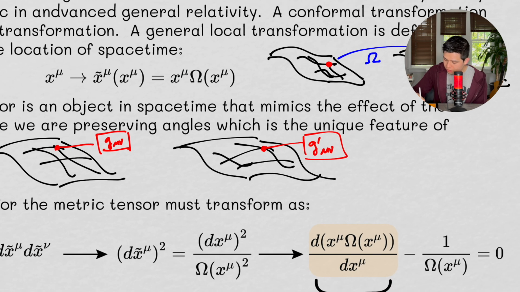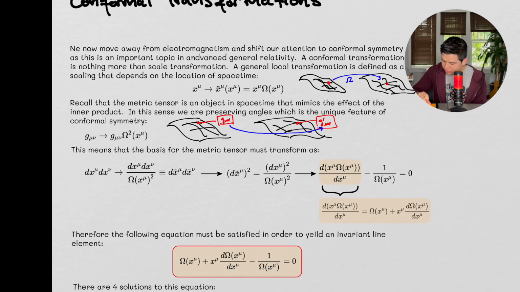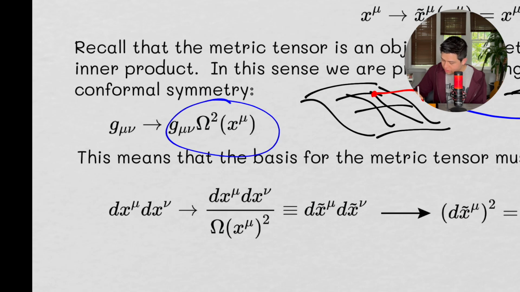And we want to know what the transformation is from here to here. And this is the transformation. The transformation is just this right here. So we go from the old coordinate system to the new coordinate system.